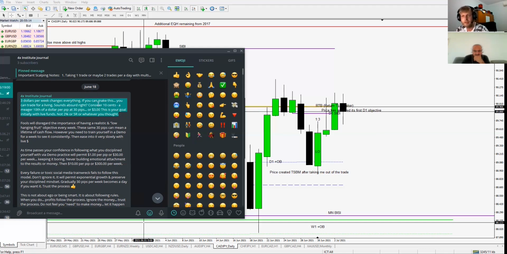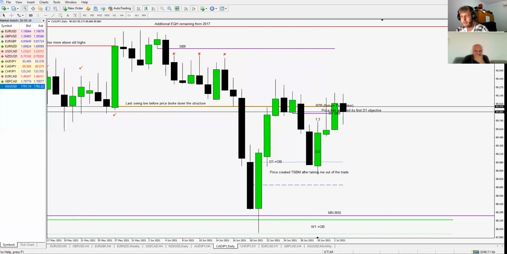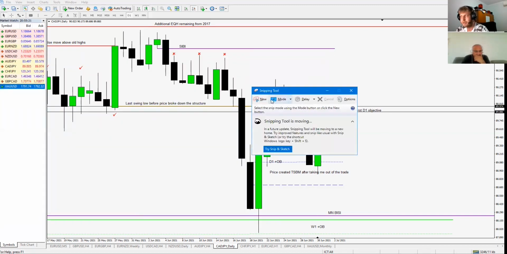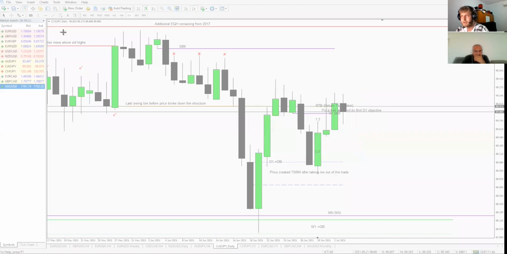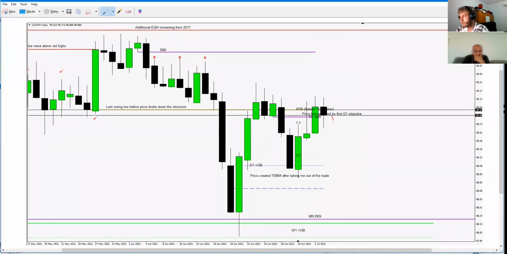If you get Telegram for your PC, you could come in here and, for example, here we take a screenshot. I just use this Windows snipping tool, and I've marked my chart out over here, and then I can say, okay, well, price is going to come back down over here and then possibly go up higher to take out these equal lows at the top over here.